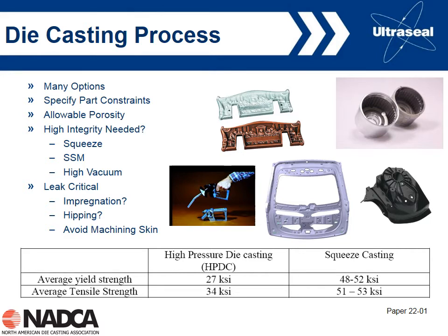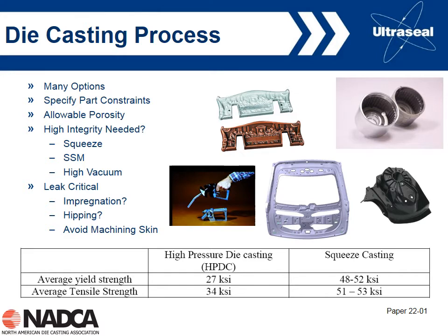Now, we don't have the option of squeeze casting for the larger castings. The large casting, this inner door panel, the bottom casting, it's about 4 feet by 4 feet. It's got pretty thin walls, so we can't use squeeze. The low filling speed with squeeze, we're just not going to fill the casting.